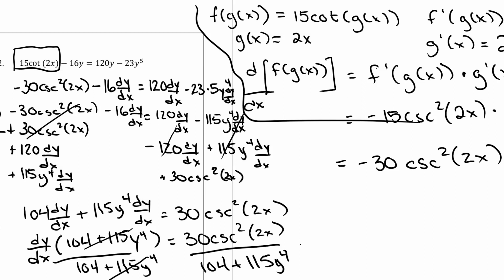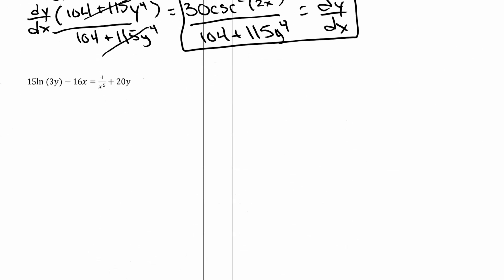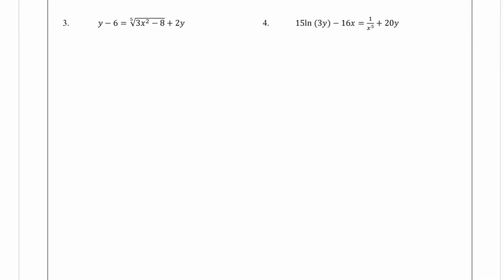Those cancel, and we're left with dy dx equals this guy. All right, two more. So we'll look at them in order, I suppose.